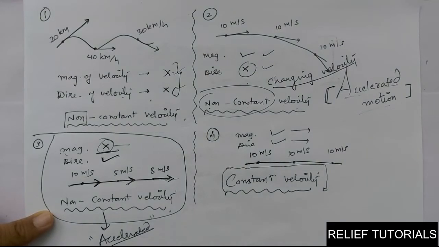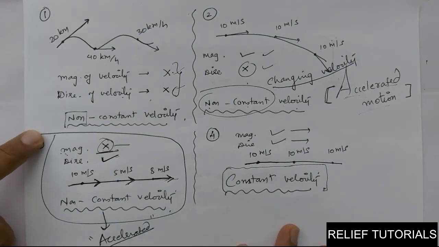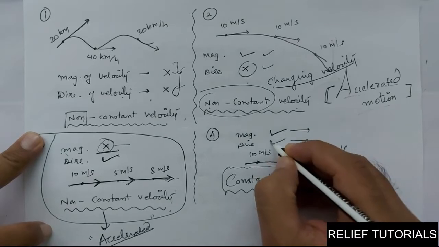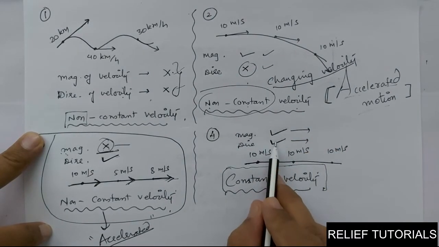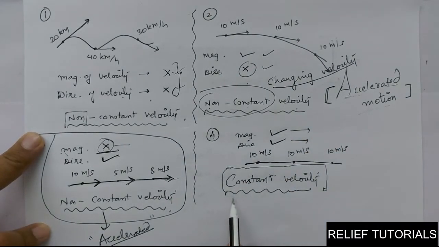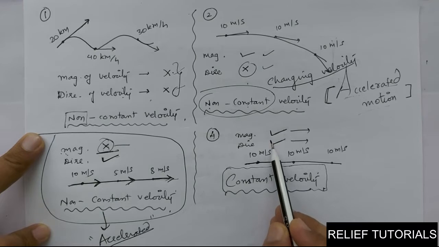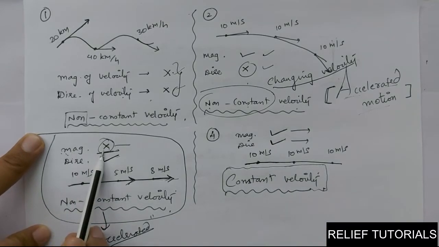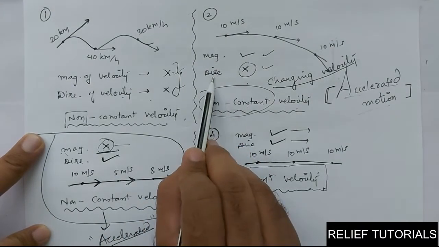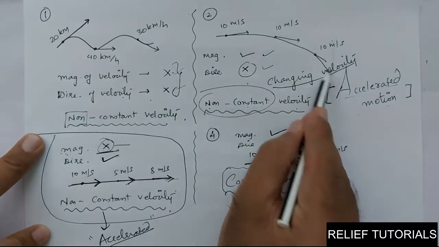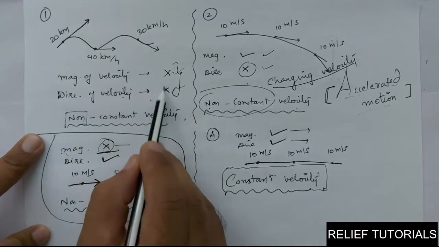We know that velocity is a vector quantity, so it has two characteristics, magnitude as well as direction. If magnitude and direction both remain constant, then only is the particle traveling with constant velocity. If one of them is not constant, in this example magnitude is not constant, in this example direction of the motion is not constant, and here both are not constant.